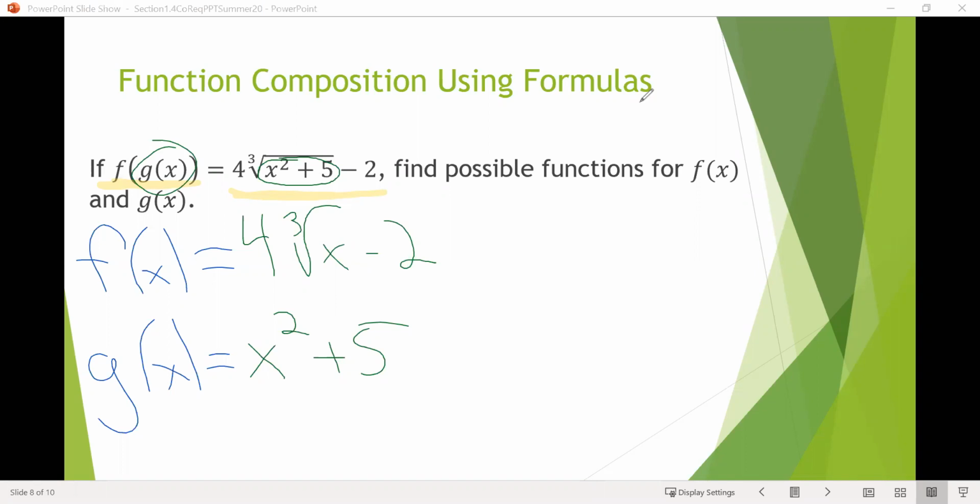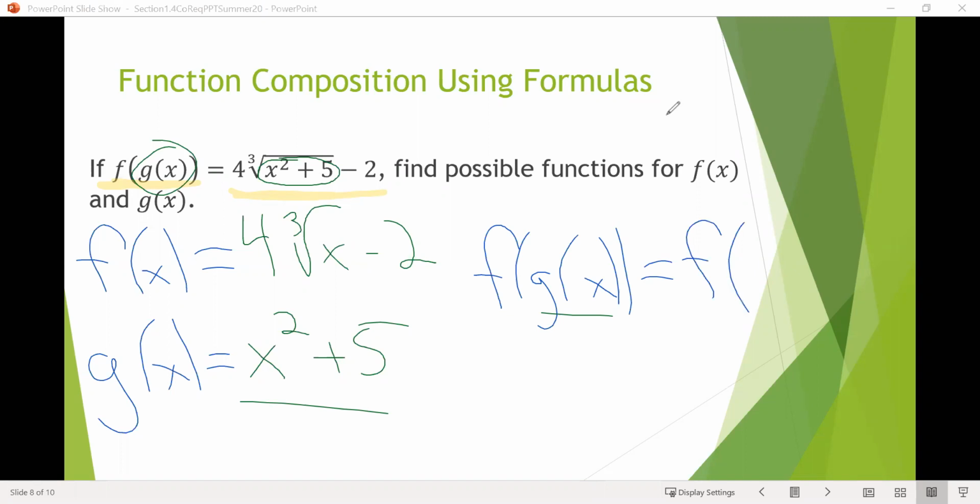Does this work? Well, let's double check. If we do f of g of x with these two things, we'll notice g of x here is the same as x squared plus 5. So this would be f of x squared plus 5, which means put x squared plus 5 in for the variable in the function f.